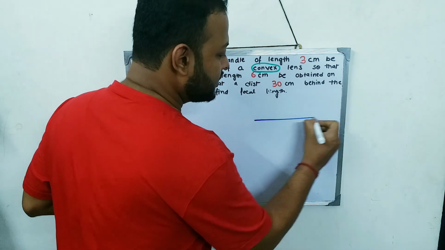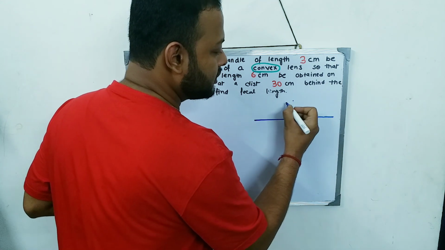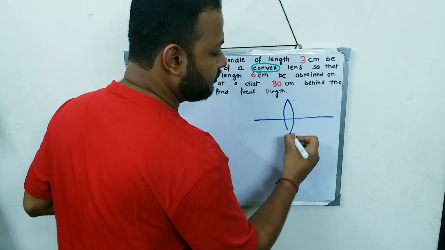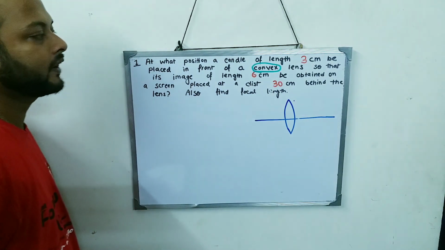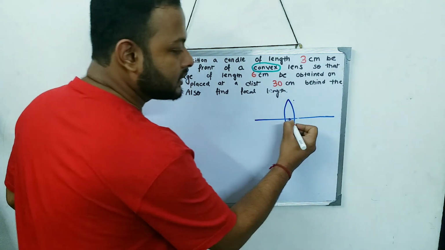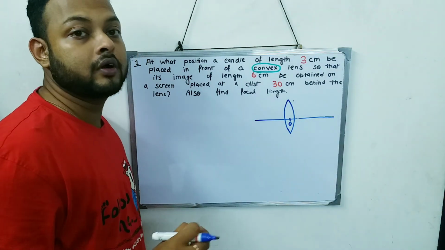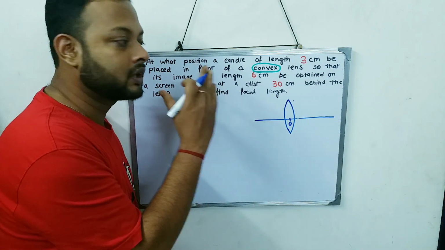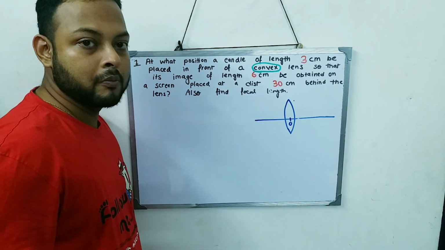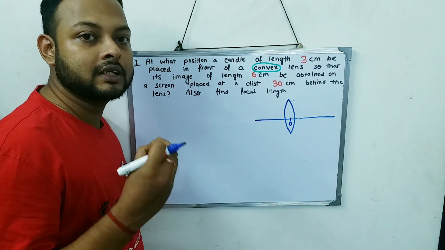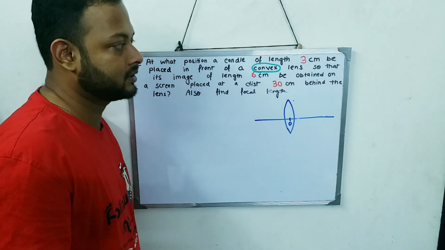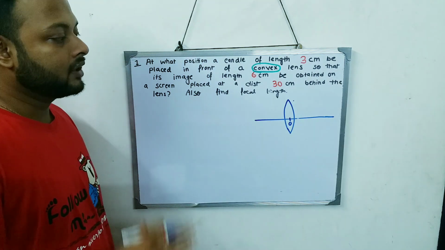So you can take this as my principal axis, this as my convex lens, okay? This is the optical center. And also very important, as you read the question, try to draw a diagram also, because if you draw a diagram, the chances of making an error are minimized. Okay, now you got this.